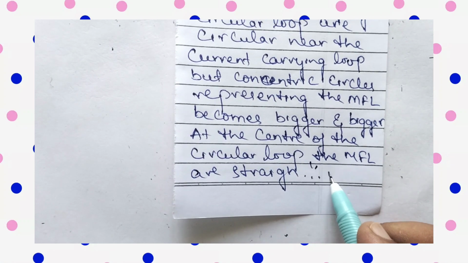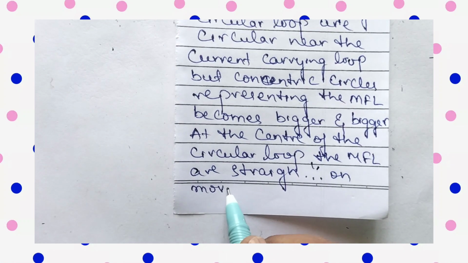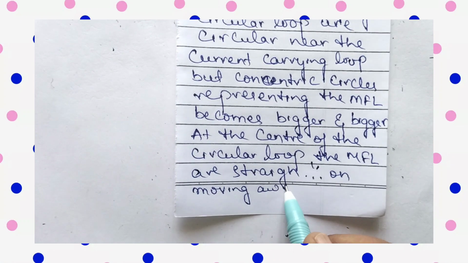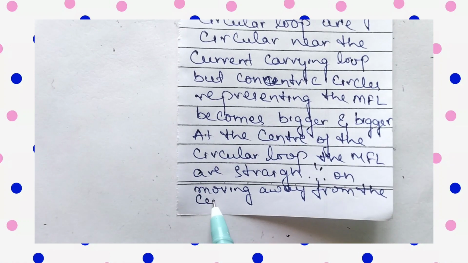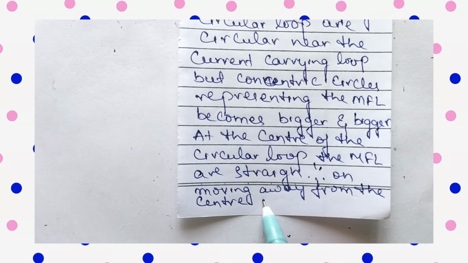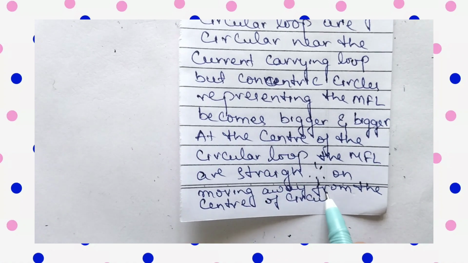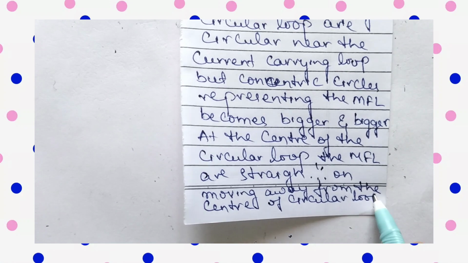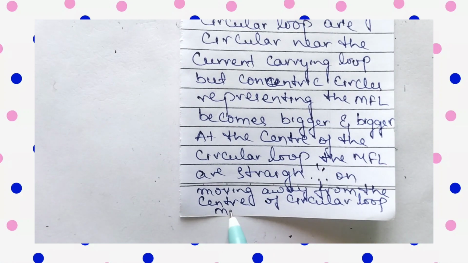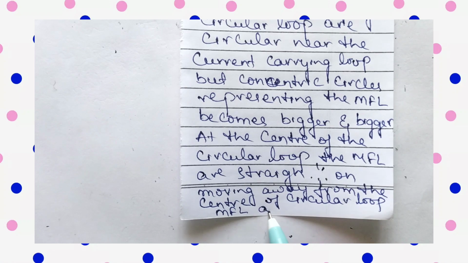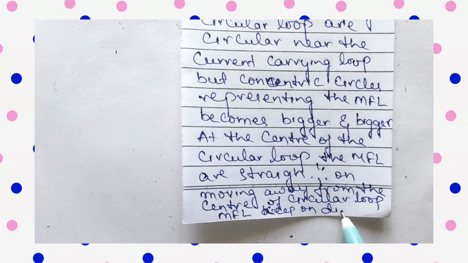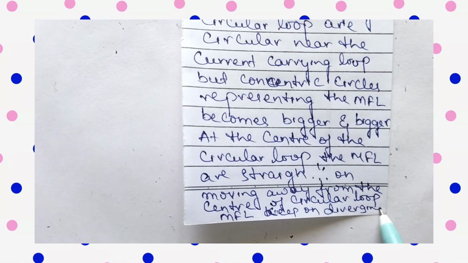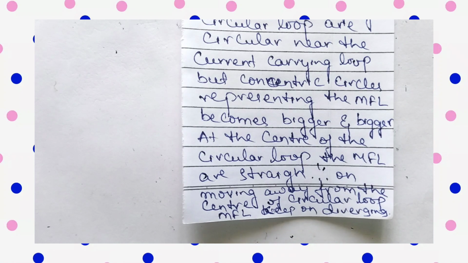Therefore, on moving away from the center of the circular loop, magnetic field lines keep on diverging. So this is the answer for the 6th question.